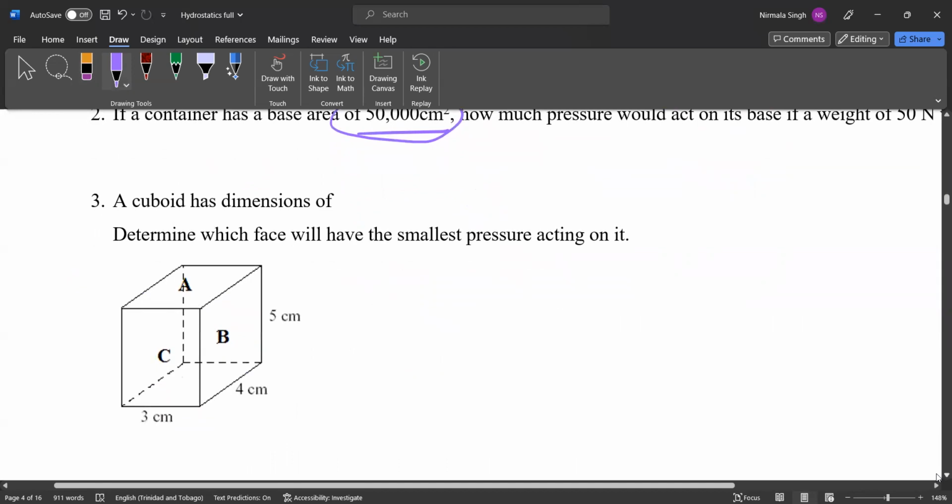Question 3, a cuboid has the dimensions of A, B, C, as we're going to see there. Determine which face will have the smallest pressure on it.